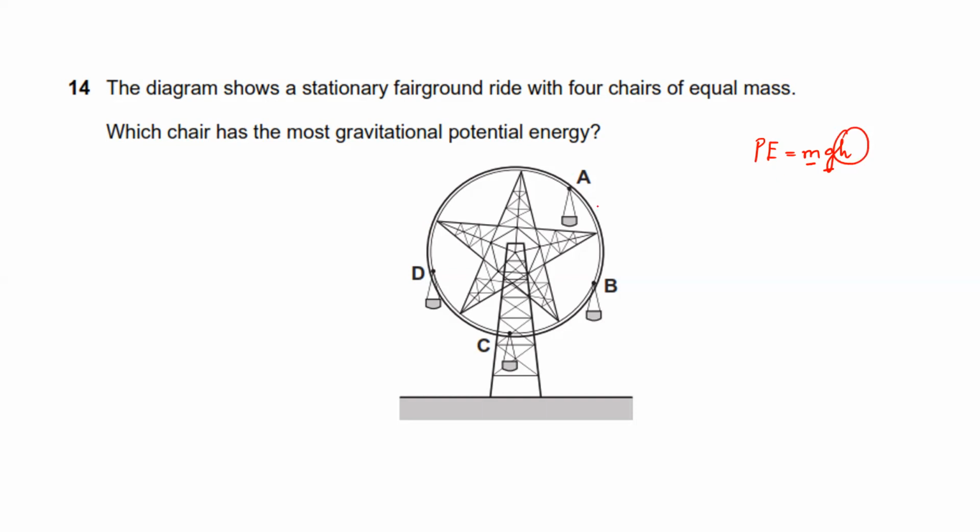The chair higher from the ground will have the most potential energy. So the order is a greater than d, d greater than b and c. This is the order of the chairs by potential energy. So answer A will be the best choice we have.